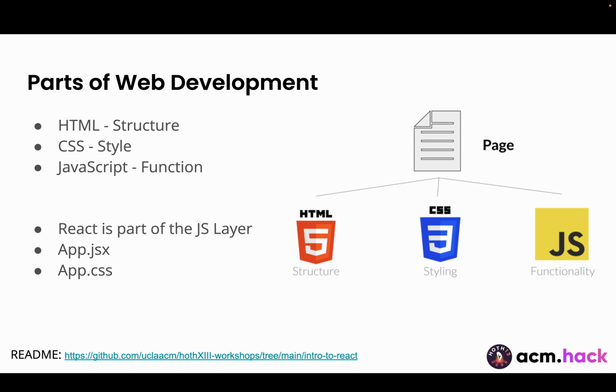Other files depend on app.jsx. And app.css, although we're not going to be using CSS in this workshop, is really useful if you want to change the styling of your buttons, or the styling of your background, your web page. It just makes it look good. And if you want more info on that, you can check out the Intro to CSS workshop.